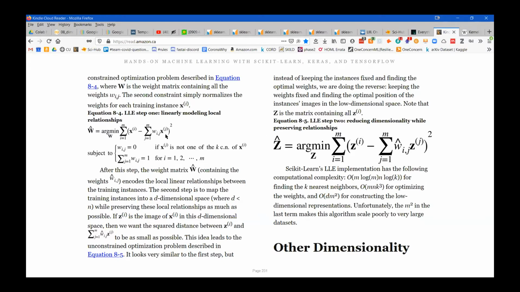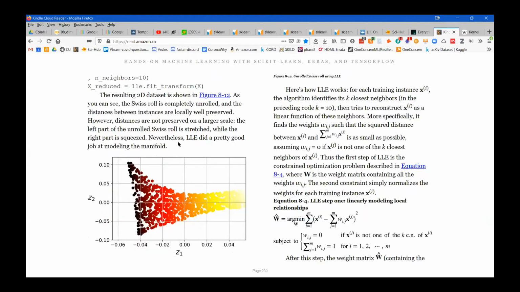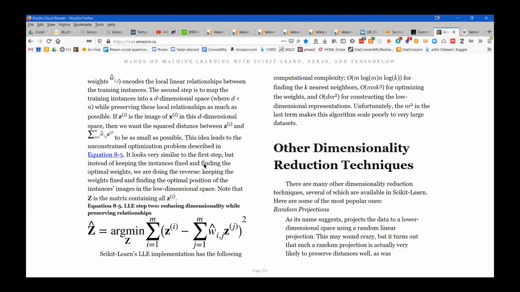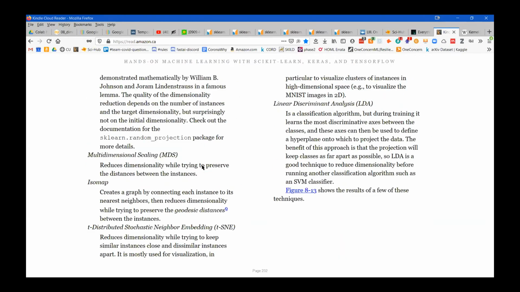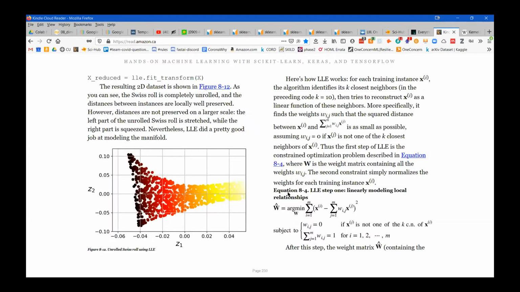So the first one is a constrained minimization problem, because you want the weights to be zeros if they're not one of the k. Let's see. What does he mean by Cn? Back up to here.